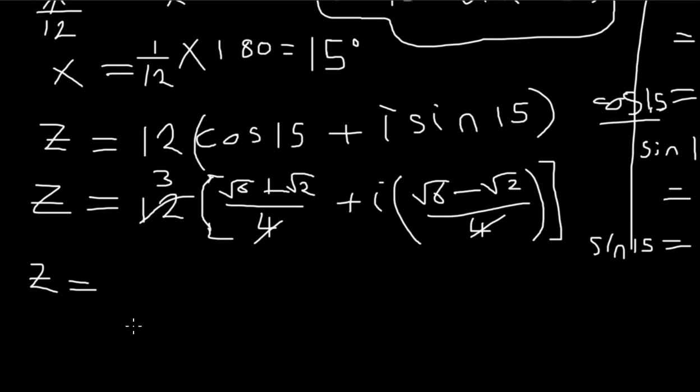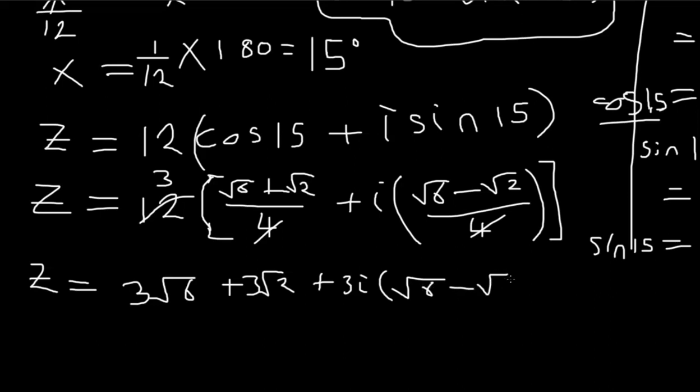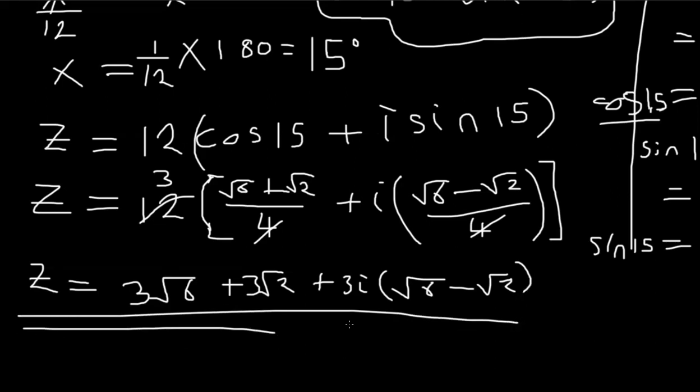So I'm going to have 3 root 6 plus 3 root 2, then plus 3, let me just leave it outside like that, open bracket, root 6 minus root 2. So this is z, this is my final z.